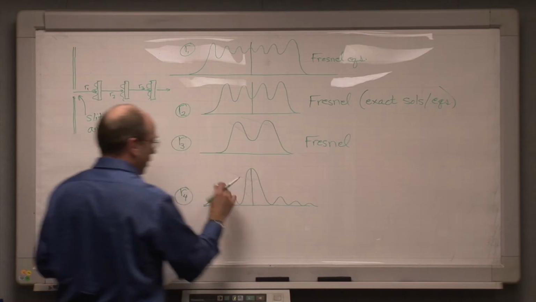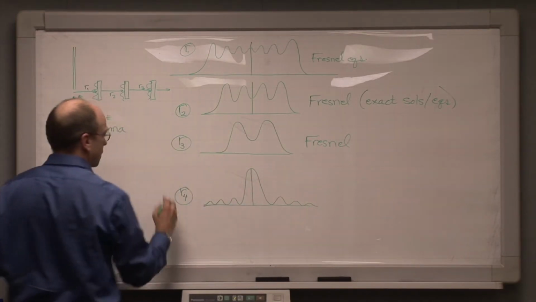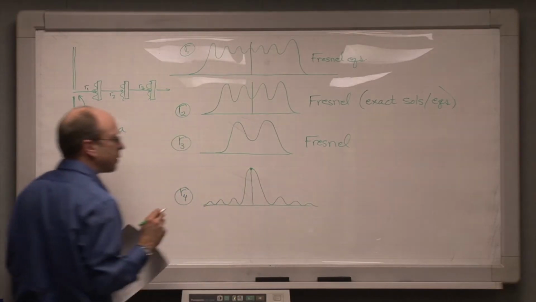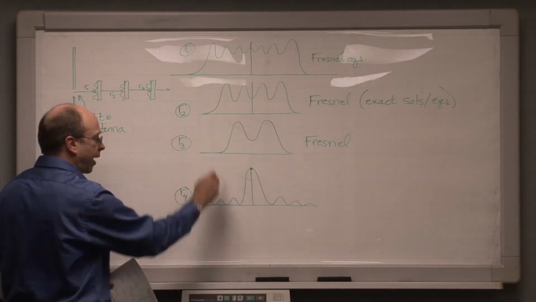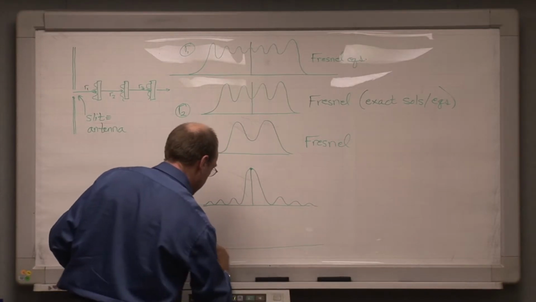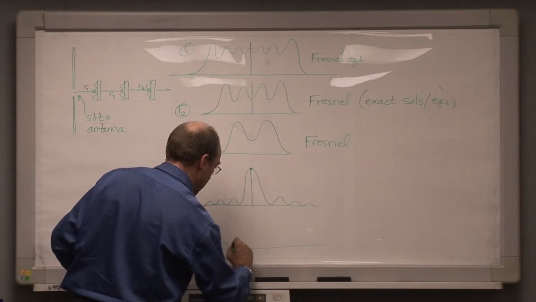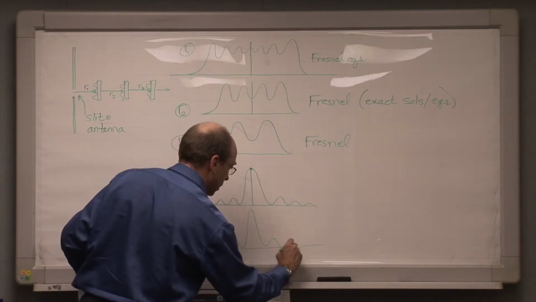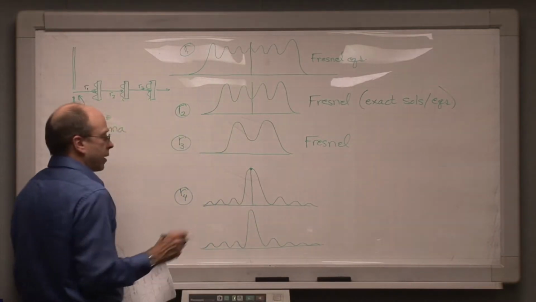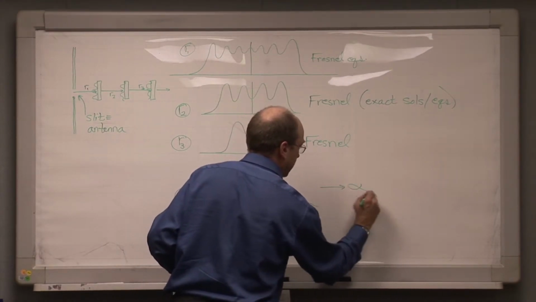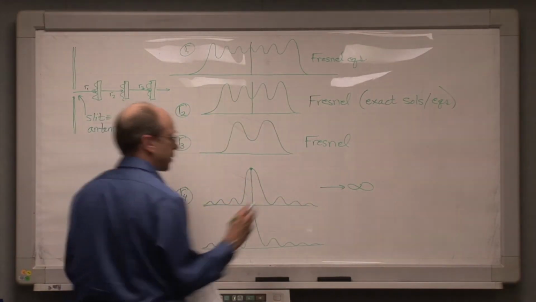We find that as we move out to a large distance, and again I'll define this distance in just a moment, the diffraction patterns begin to converge to this pattern as we move out to arbitrarily large distances. And this is the solution that occurs as we approach an infinite distance from the screen.